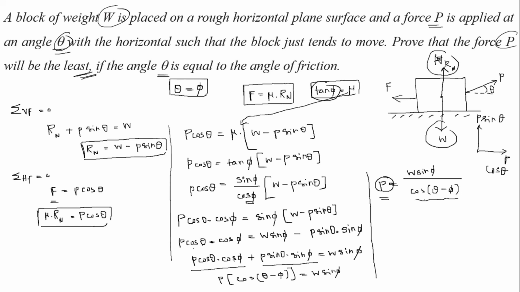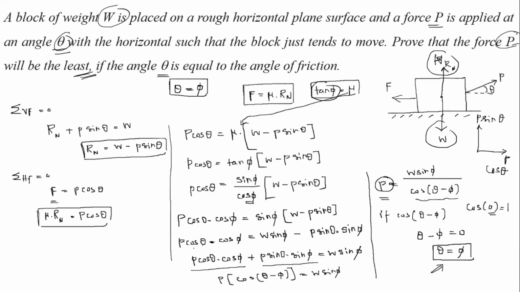Cos(theta minus phi) is maximum when it is equal to 1, which means theta minus phi is equal to 0, then theta is equal to phi, right. We proved that when P is the least, theta is equal to phi, clear.